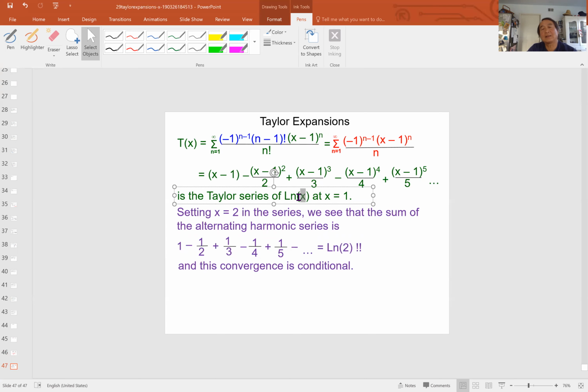And we know the alternating harmonic series converges, because the terms decrease to 0 and it switches sign. So it converges to log of 2. But on the other hand, if I take absolute values, using all pluses, it diverges because it's the harmonic series. So this convergence is conditional, and that's an interesting fact.